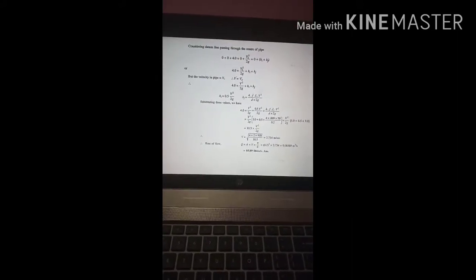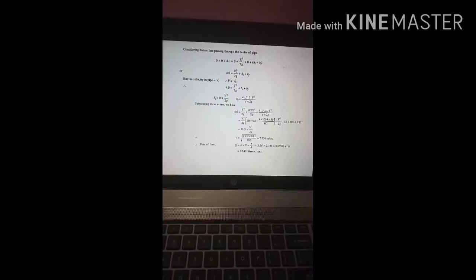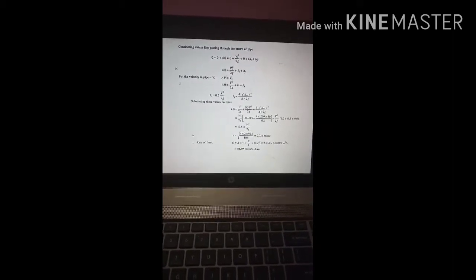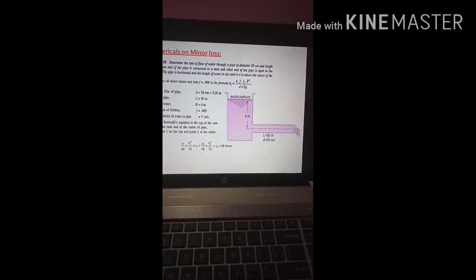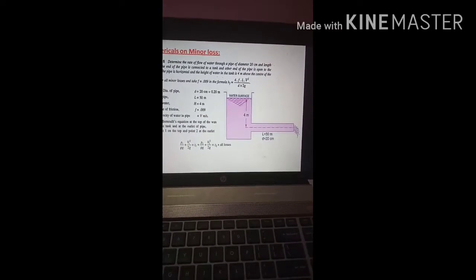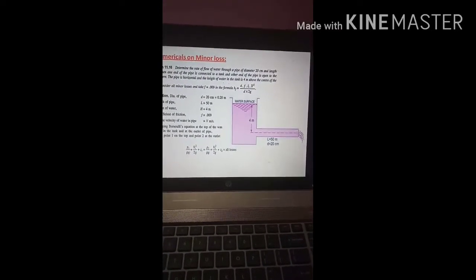Now using Bernoulli's equation, we have P1 by rho g plus V1 square by 2g plus Z1. Now Z1 is equal to 4 in this case, which is nothing but the height, 4 meter. What about P1 and V1? It is inside the tank. P1 is 0, V1 is 0.